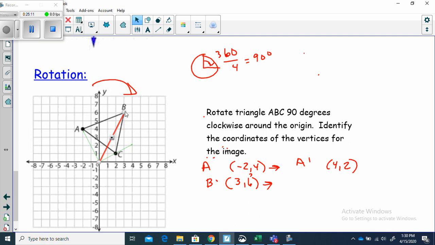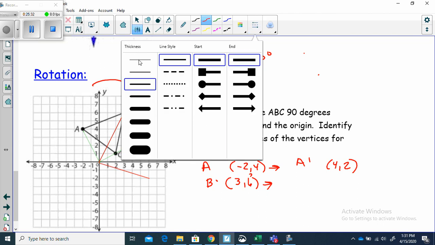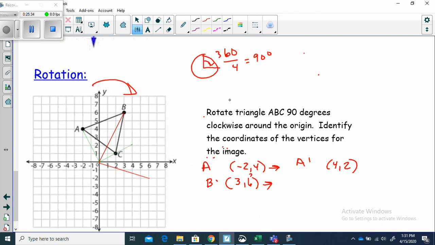All we've got to do is grab one edge of it, and it's going to go right there. That's our 90-degree angle. That puts us at 6, -2. So B prime is going, I'm sorry, 6, -3.